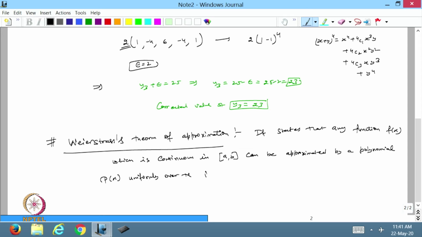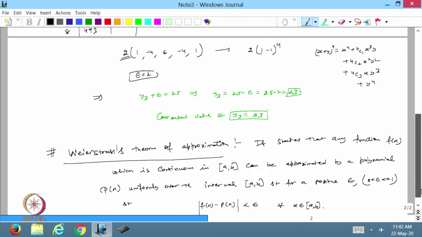such that for a positive epsilon, where epsilon is very, very small, if I take the difference f(x) minus p(x) for any x in the interval, I can make it less than epsilon for all x belonging to [a, b].